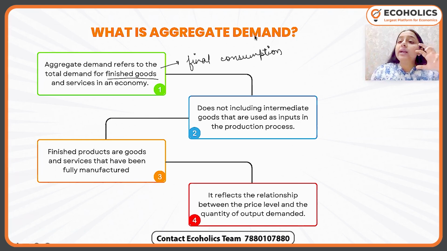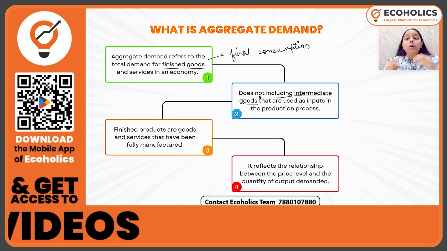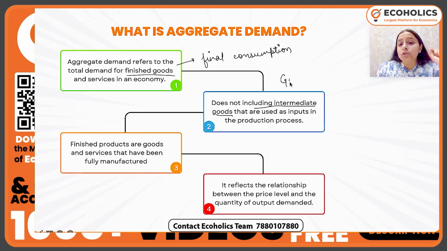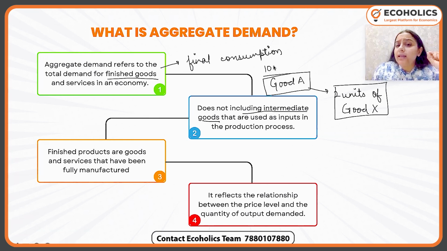When we calculate aggregate demand, we do not include intermediate goods because the reason is very simple. Let's say you are producing a good A. You have produced 10 units of good A, and in the production of these 10 units of good A, you have used 2 units of good X.